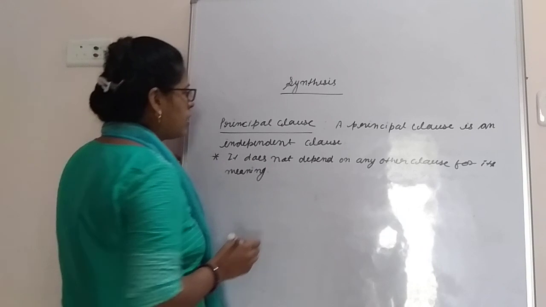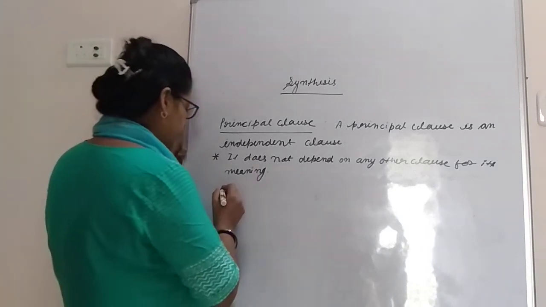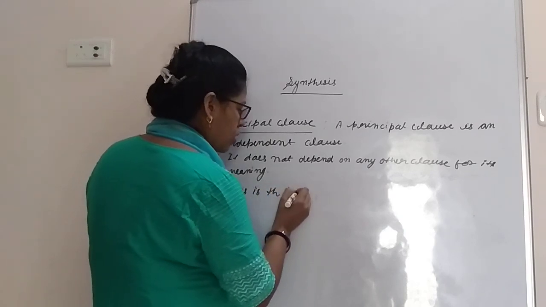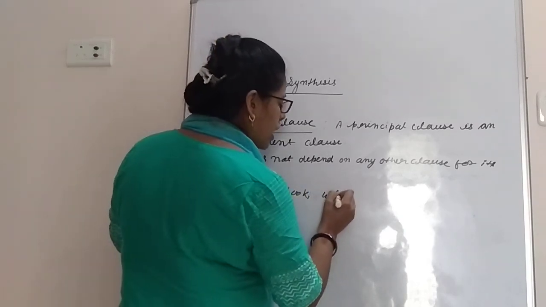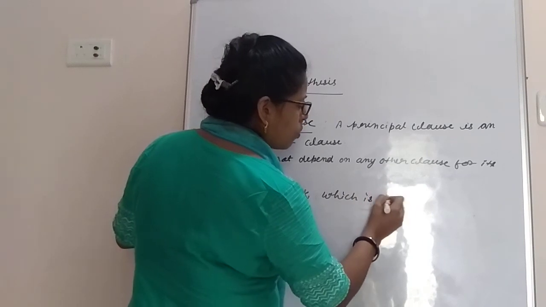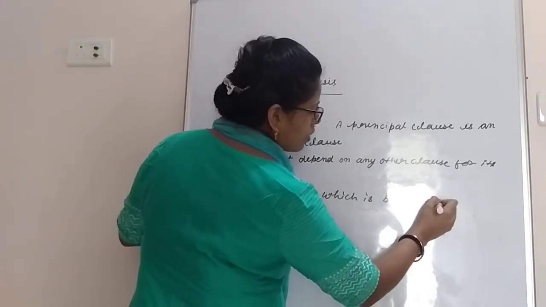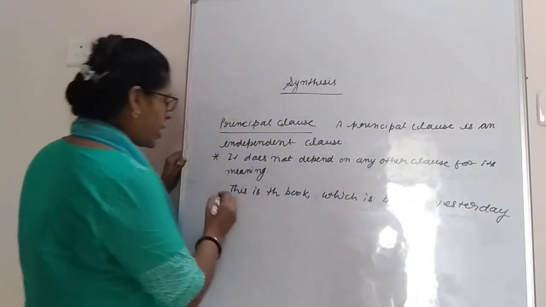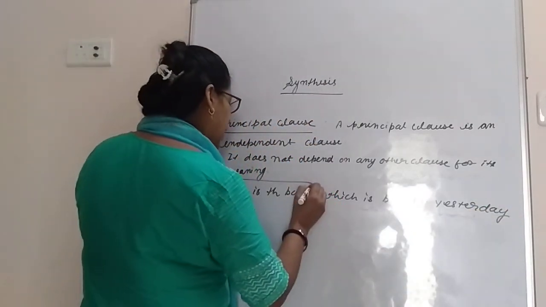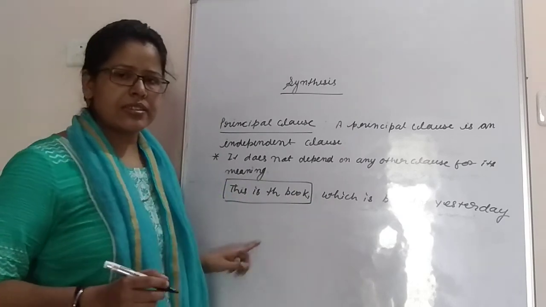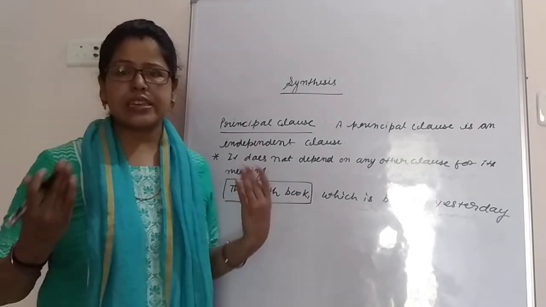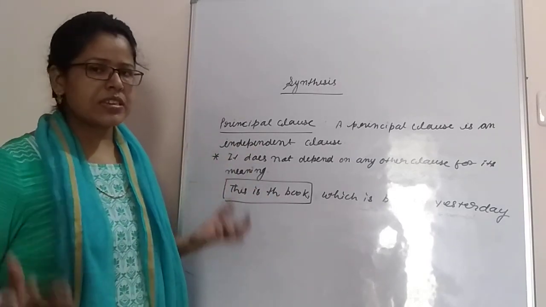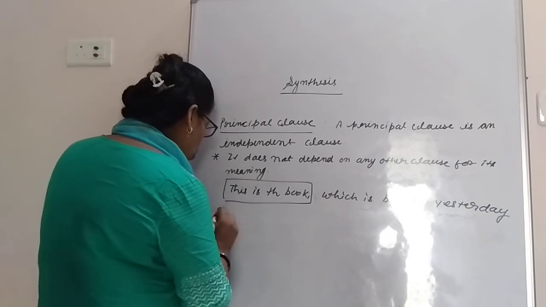For example, as I wrote there, this is the book which I bought yesterday. Okay, so this is the book. This part is giving its meaning by itself. It does not depend on any other clause. That is why this principal clause is known as what? Independent clause.